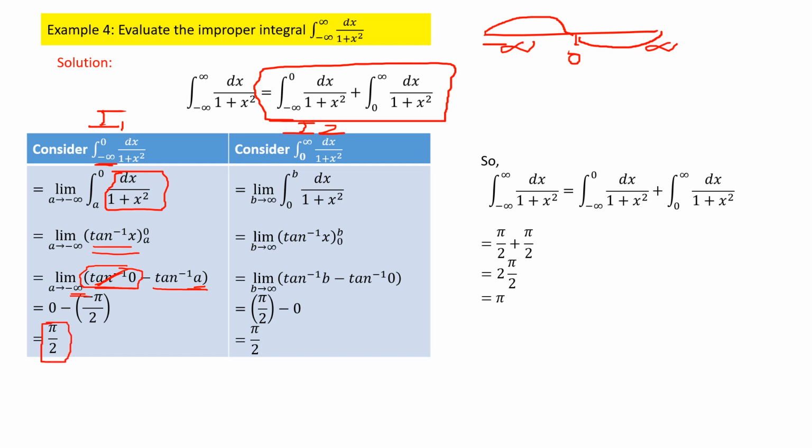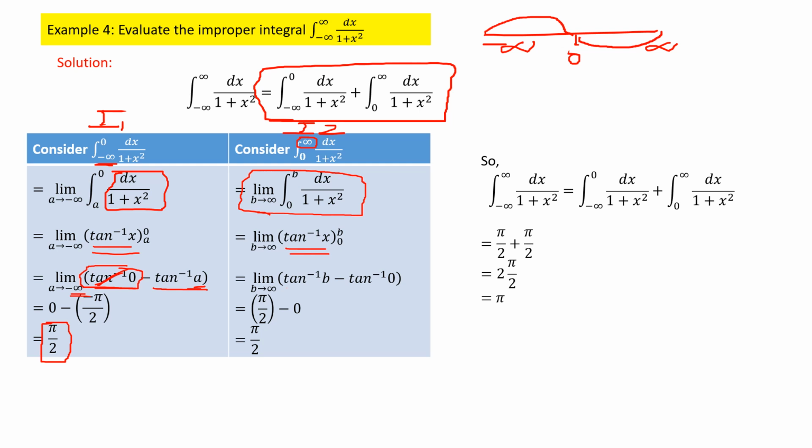So minus times minus will give you plus pi by 2. Same way, if I do integration for the second one, if you see the second integral, there will be an infinity in the upper value. So I have to write limit b tends to infinity, 0 to b, dx over 1 plus x power 2. Then the integration of 1 over 1 plus x power 2 will be tan inverse of x.